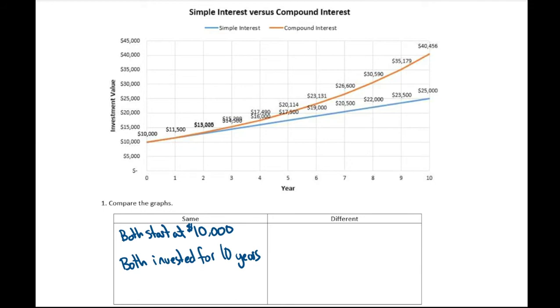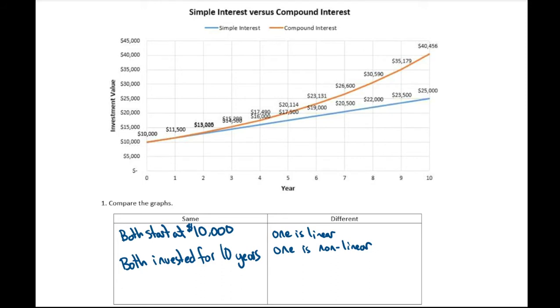The difference that we see between the two of them, again, using some of the terms that we've talked about before, right? One is linear. One is nonlinear. We see that general curve for nonlinear. Blue one is in a straight line.